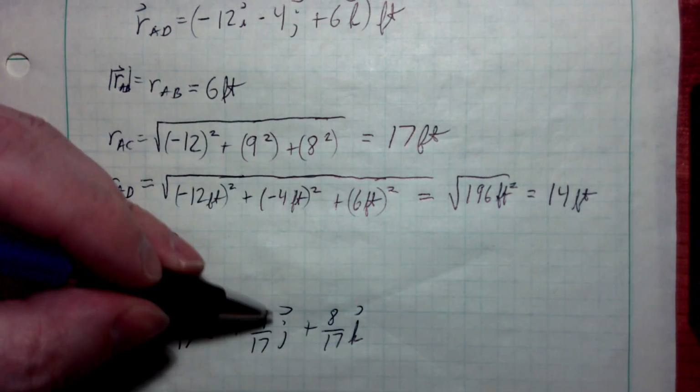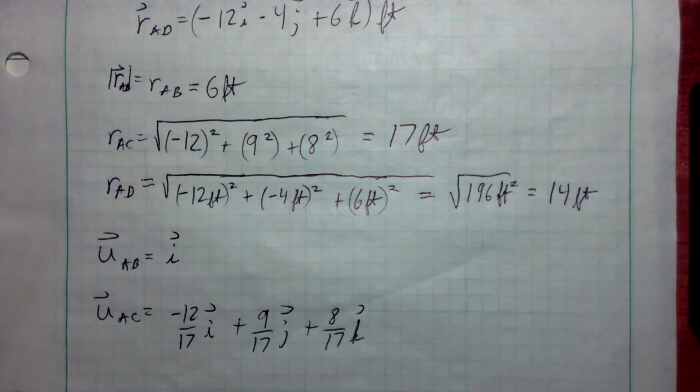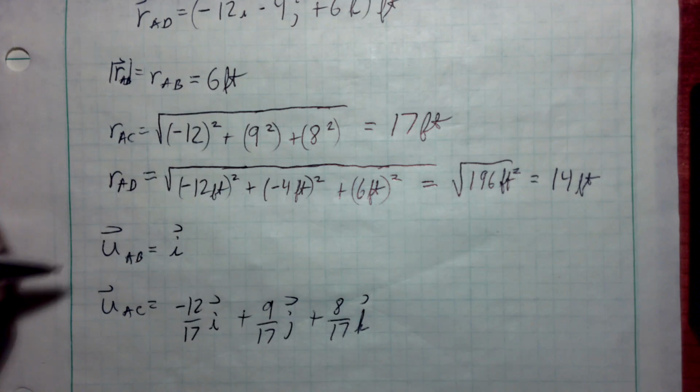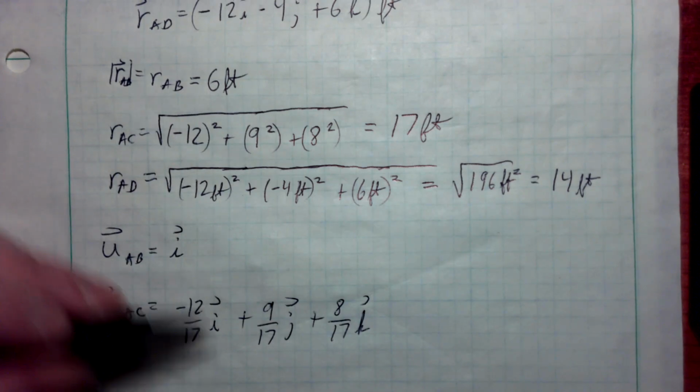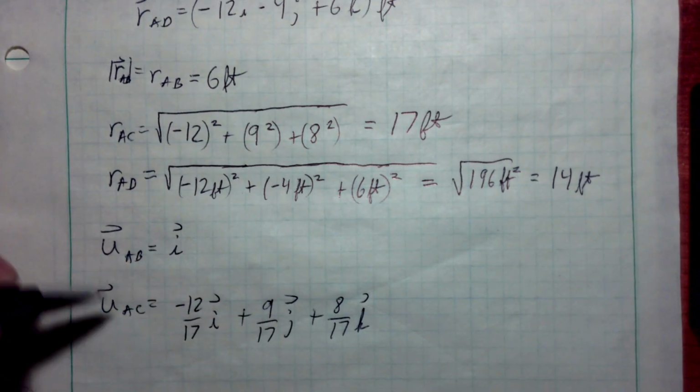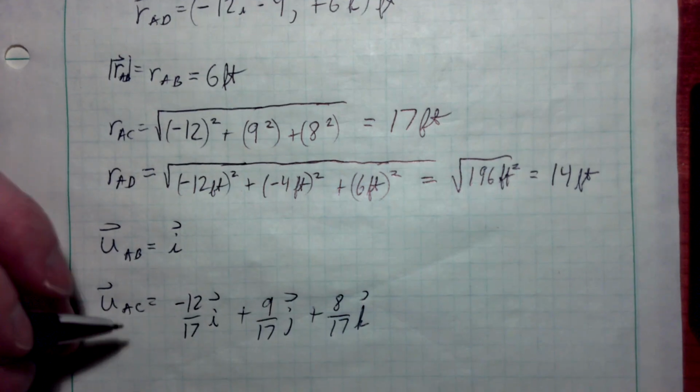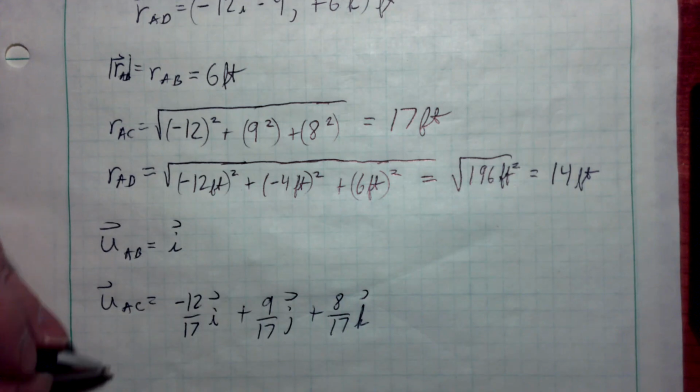And each one of these is feet over feet, so a unit vector ends up being unitless. It's just a magnitude of 1, but with some direction. So this describes basically the direction of that cable going from A to C, and we'll find the unknown tension in that to support the load that's there.